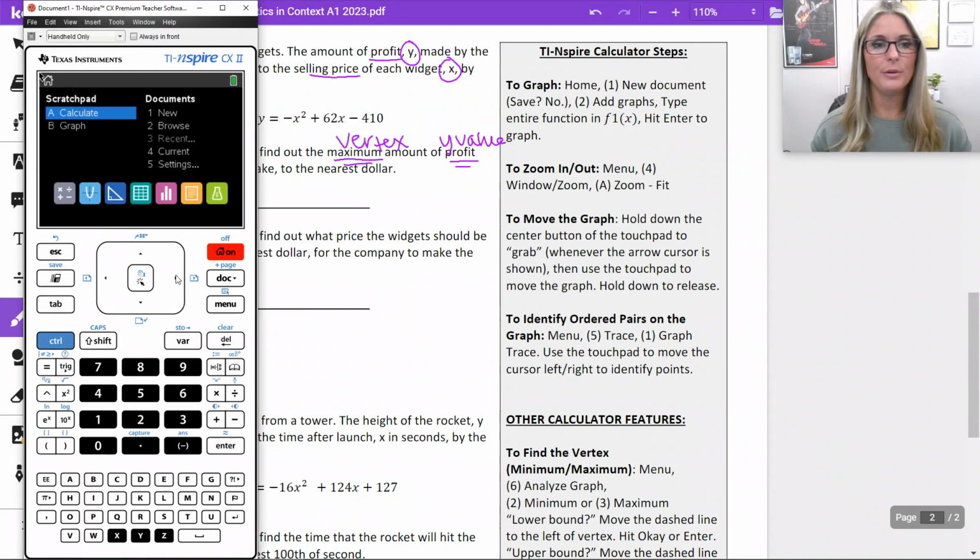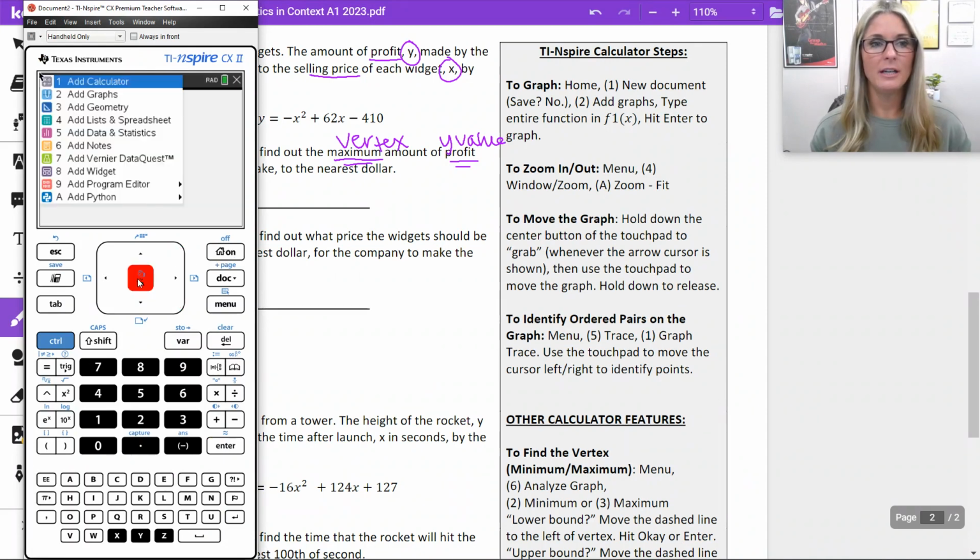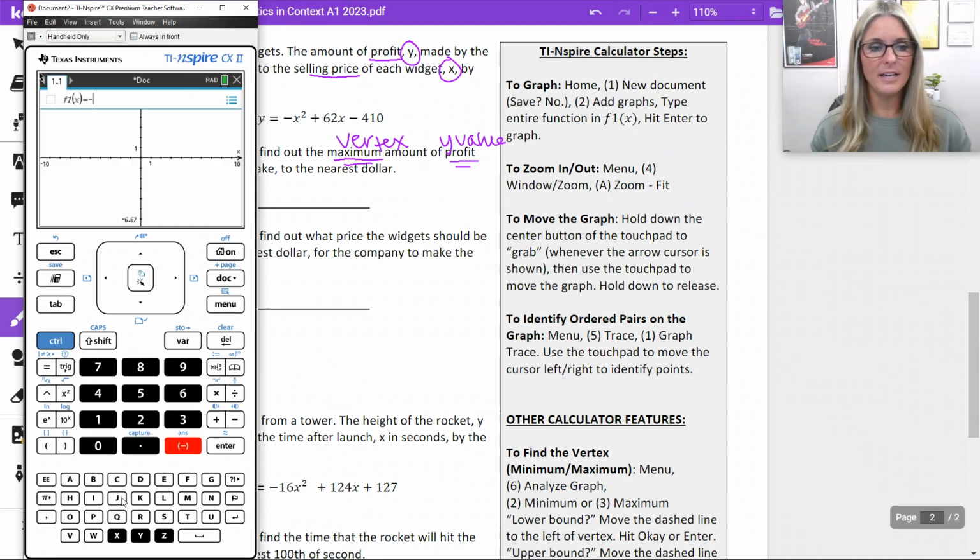Remember, we're going to go to a new document from our home screen, and we're going to use graphs. I'm going to type in negative x squared plus 62x minus 410. So right now our graph looks like a blue line, even though I totally just graphed a quadratic.